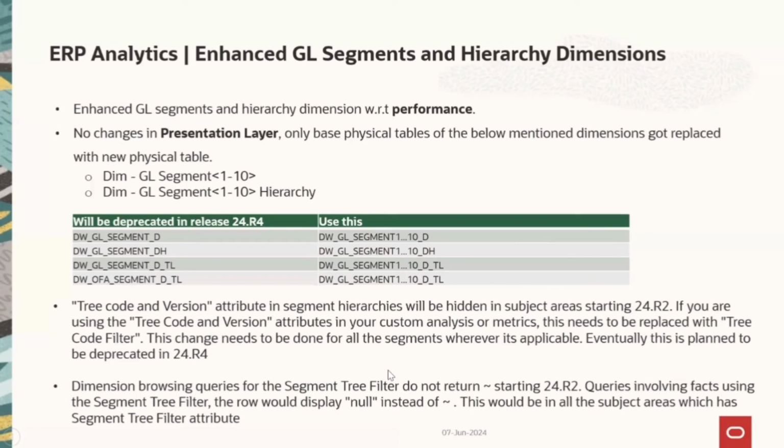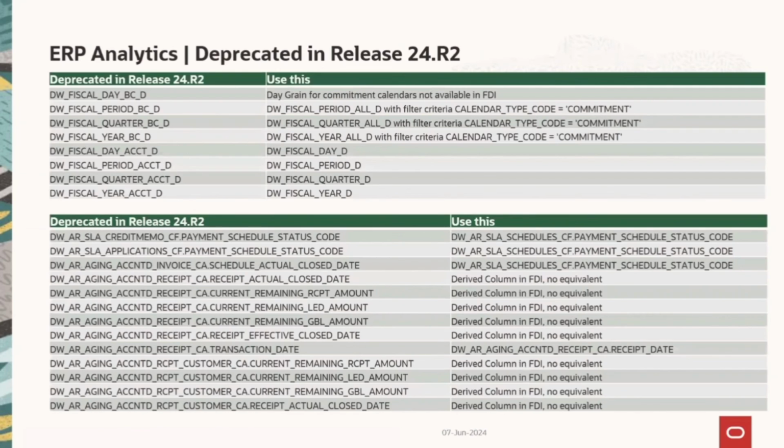Also, when you do a dimension only query on this, earlier we had a tilde sign showing up. In this release, we have replaced that to show a null value. That's one change we did in the segment trees.